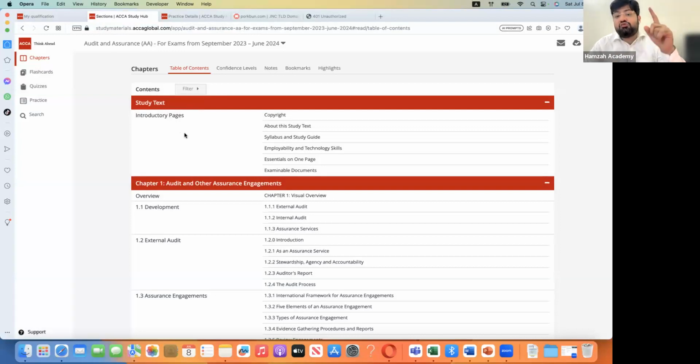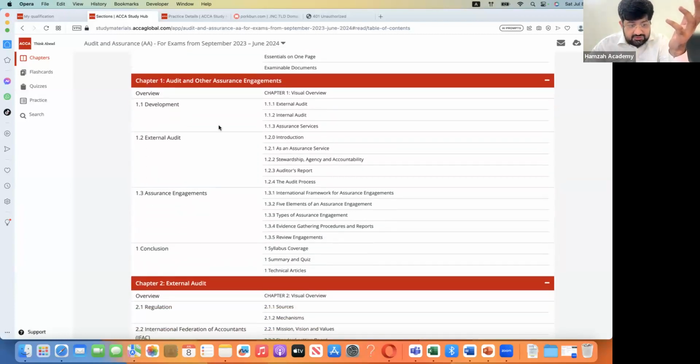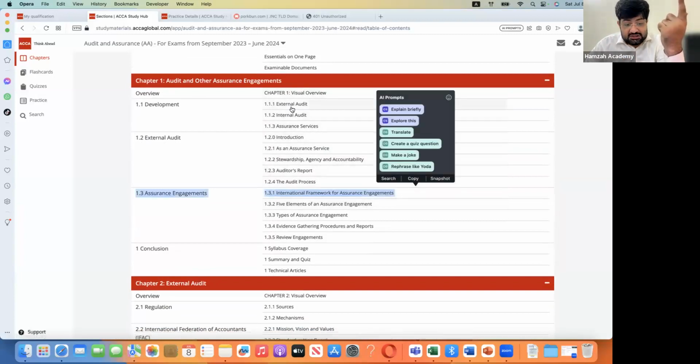You will be preparing my notes first, the way I will be teaching from, because that will be a summary, easy things I will be giving in my notes. Then I'll be referring some of the chapters from this examiner, you see here. For example, this chapter number 1, assurance engagements. So I will be explaining from my notes. Then I may say, just now you refer all these.